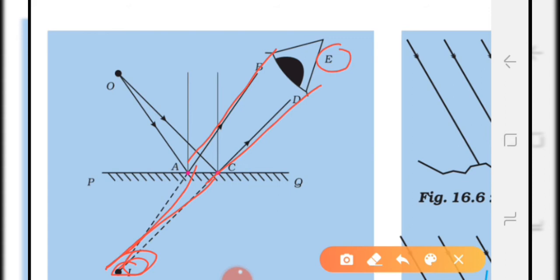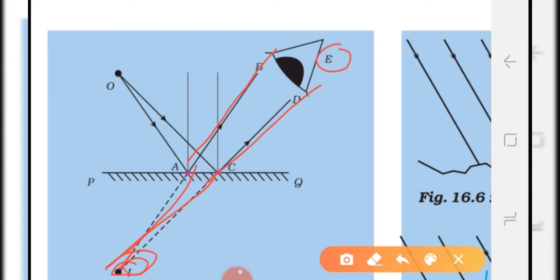So, we can say that a virtual image of the point O is formed at I. Such a type of image is called a virtual image and it cannot be obtained on the screen.